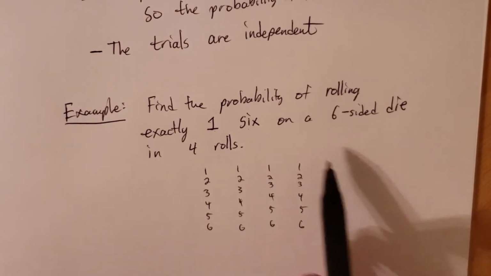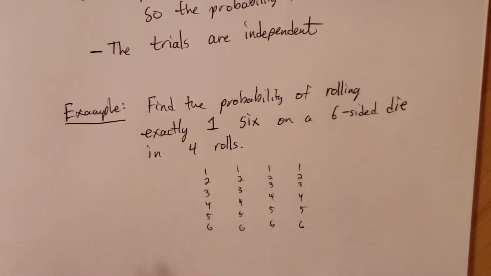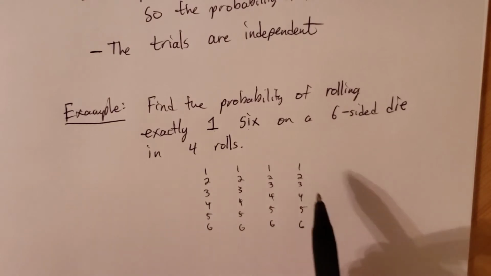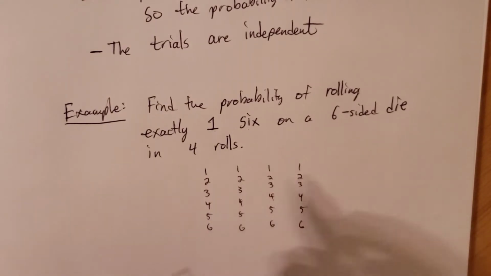In other words, if we counted all of the outcomes where exactly one 6 showed up, and we divided by the total number of possible outcomes, then that would give us our probability. So how could we possibly come up with that?